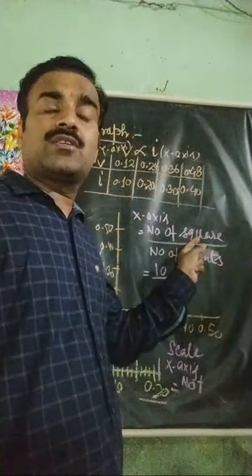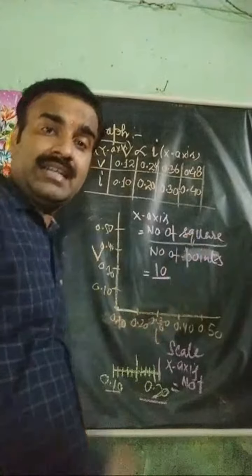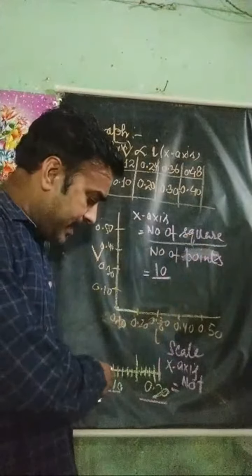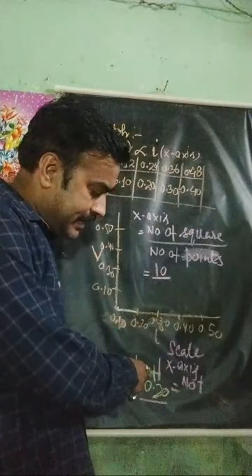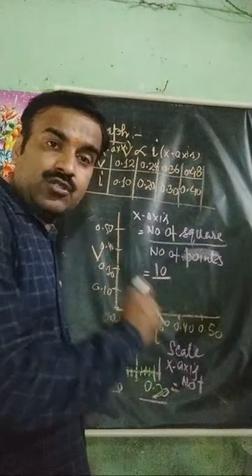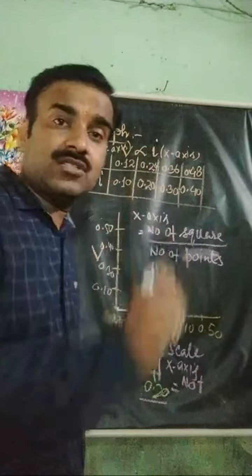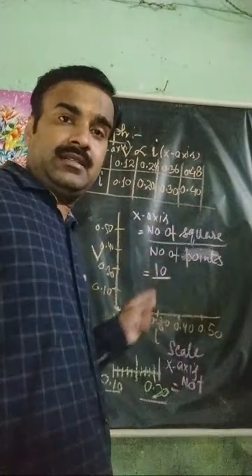So the number of squares available is 10. See it here: 1, 2, 3, 4, 5, 6, 7, 8, 9, 10. So 10 squares are available here.